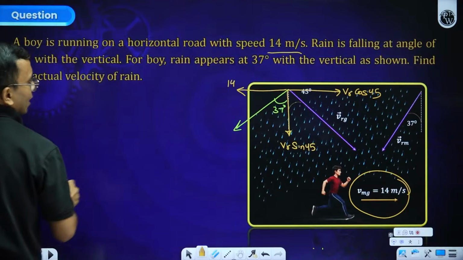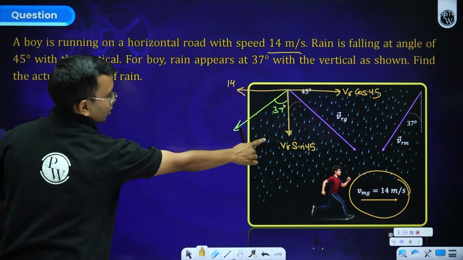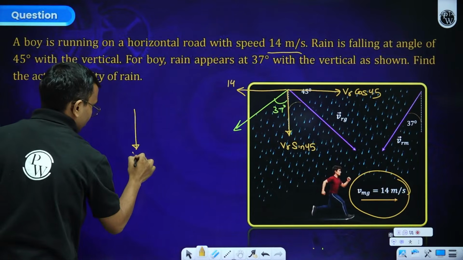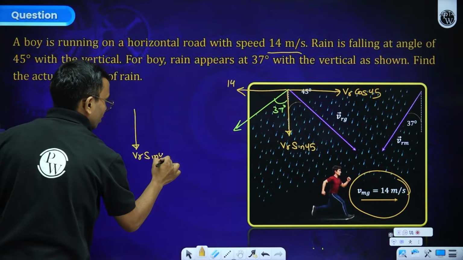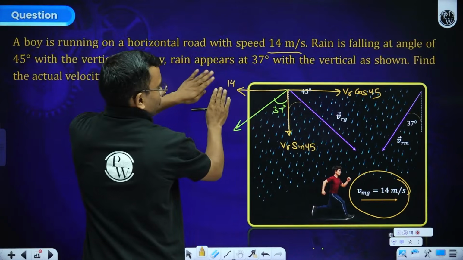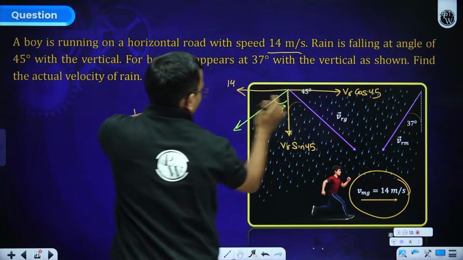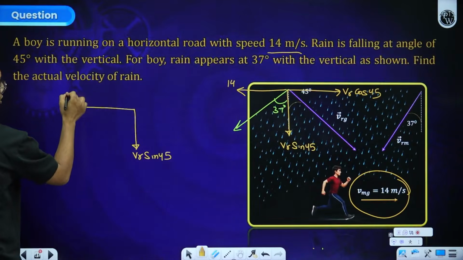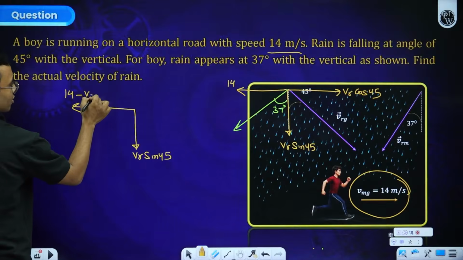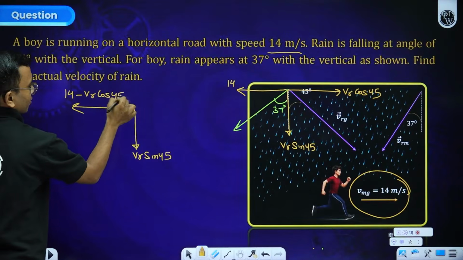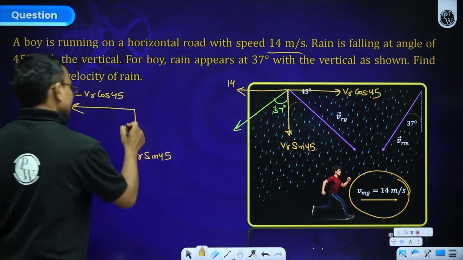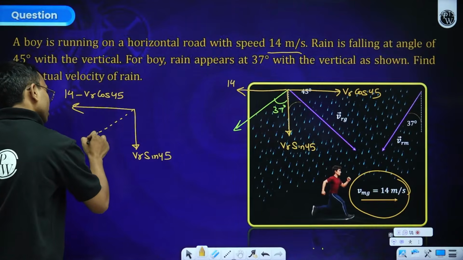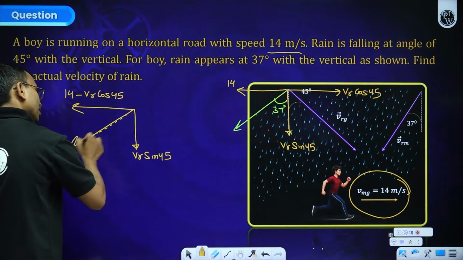Okay. Then you see, this is velocity of rain sin 45. Horizontal is 14 minus velocity of rain cos 45. The resultant is coming at an angle of 37 degrees.